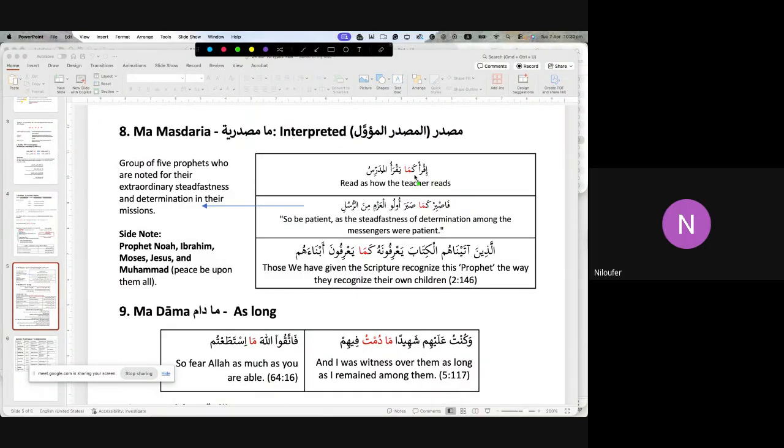Ka, ma, kama. How the teacher reads. Yaqra'u. Ma yaqra'u, how the teacher reads. So ma is translated as how here. Yaqra'u is a mudari verb. Okay.